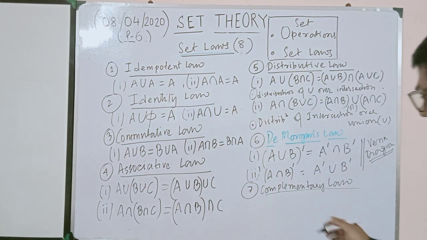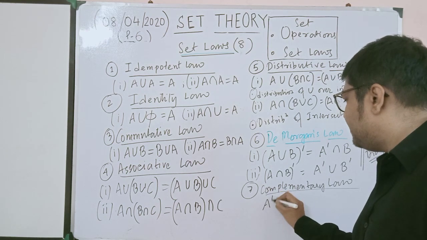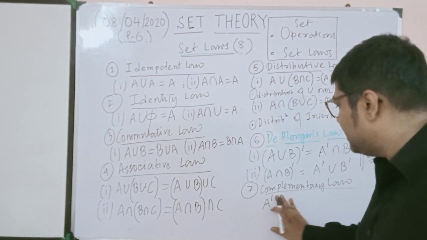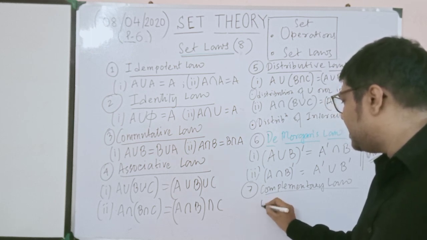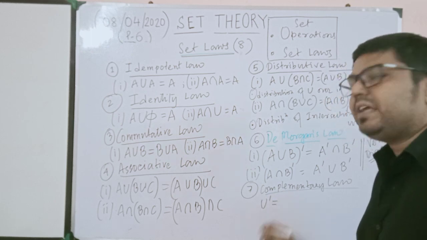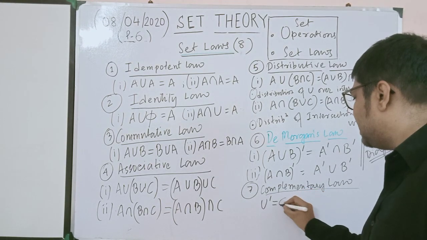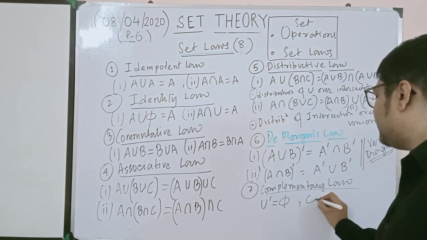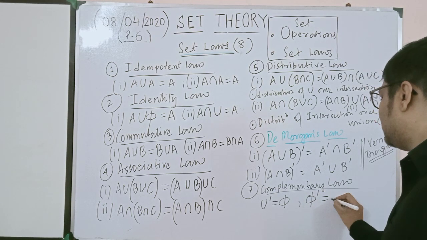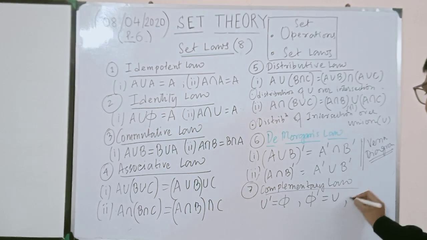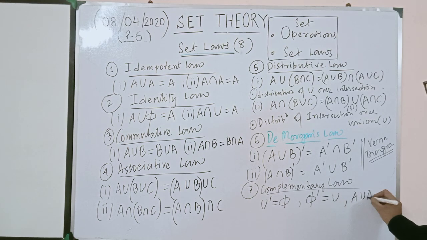So what is the complementary law? Complementary law means if you try to get A dashed, that means not A. Similarly, we get U dashed. U dashed means outside U. Outside U is nothing, so null. Or if you try to get null dashed, you get U. So these are the kind of complementary laws we have. You can write A union A dashed.